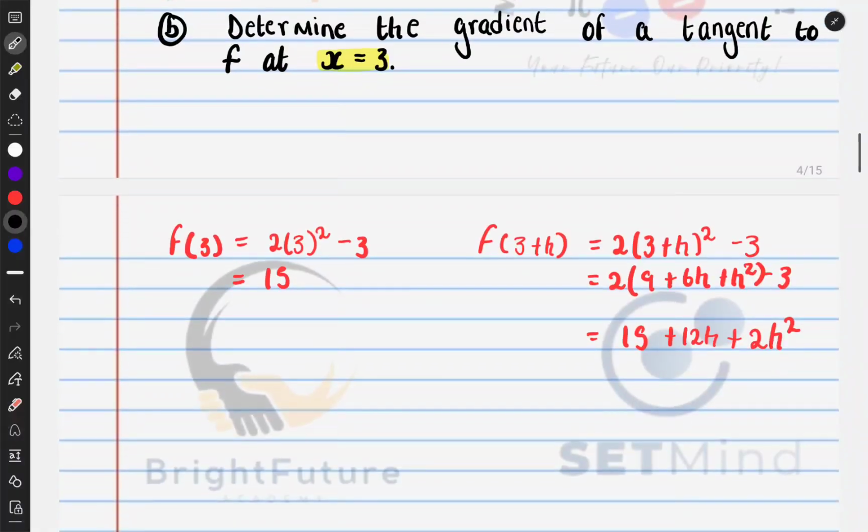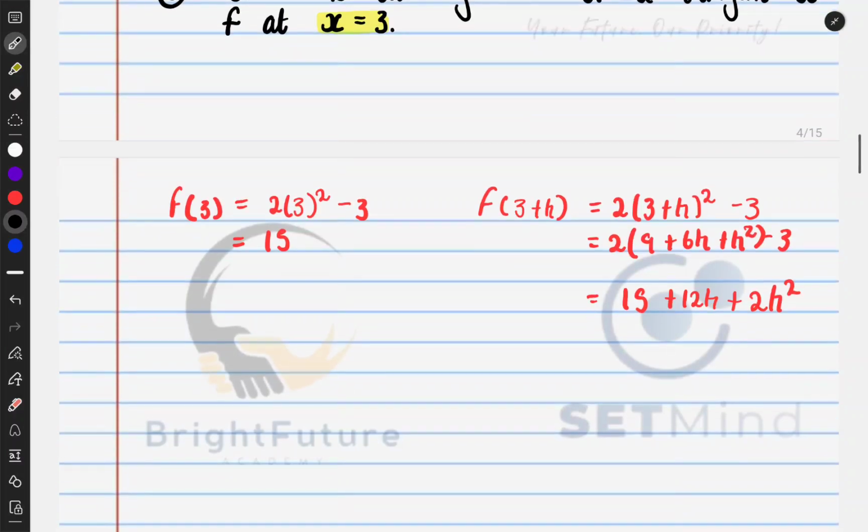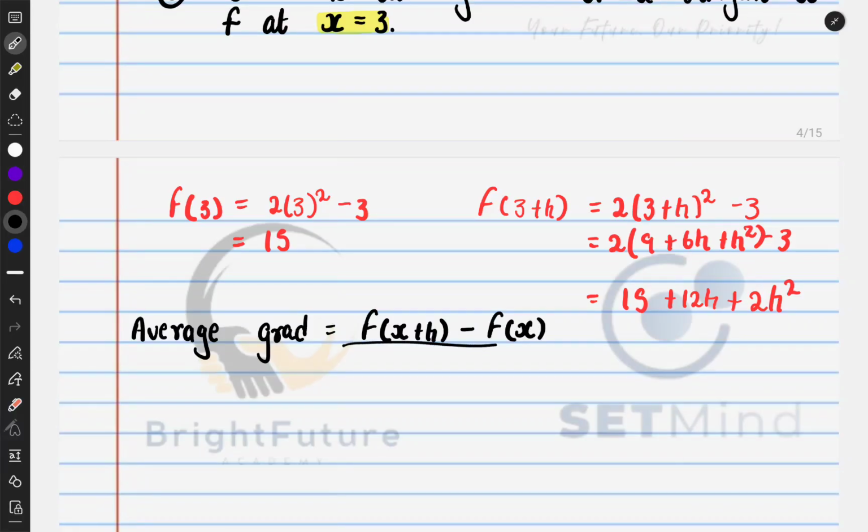Okay, so the next step is to find the average gradient. That's what we were asked to determine. So the average gradient will be equal to f of x plus h minus f of x over x plus h minus x.